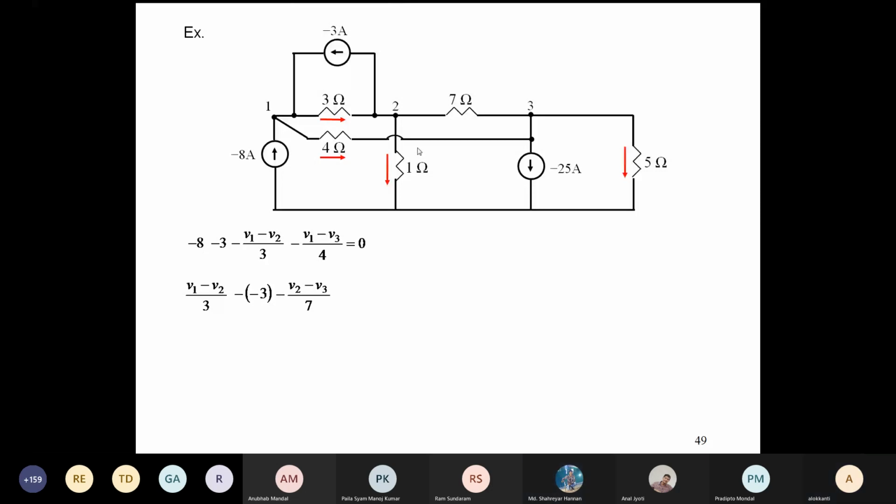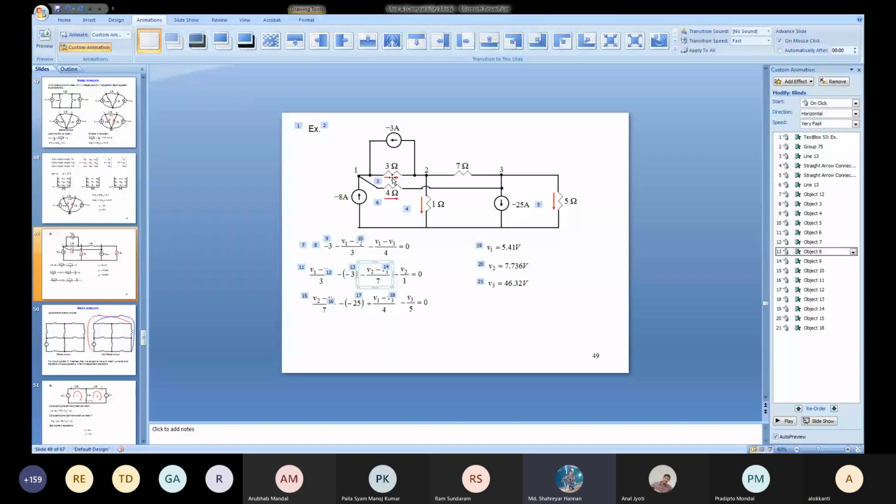Similarly, applying KCL at node 3. At node 3, the current is from 2 to 3. Excuse me, sir, for the current in the 1 ohm resistance, have you assumed the load potential to be 0?